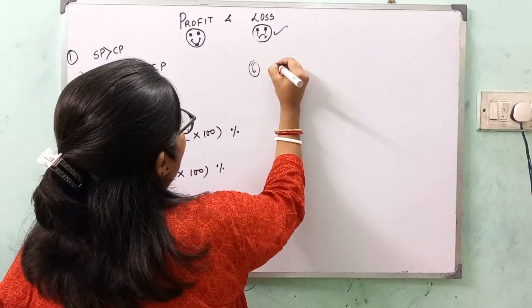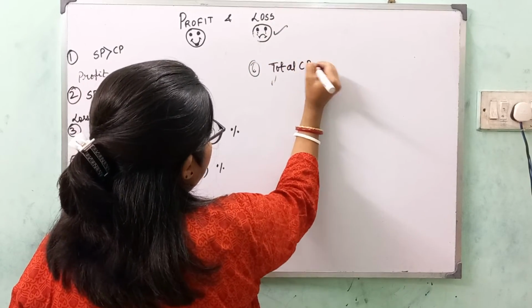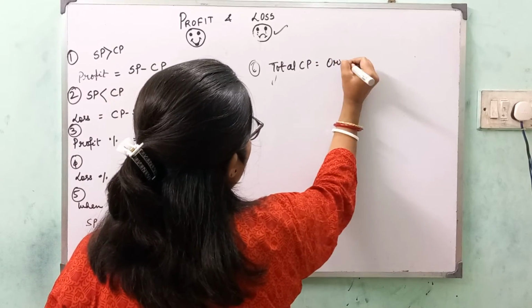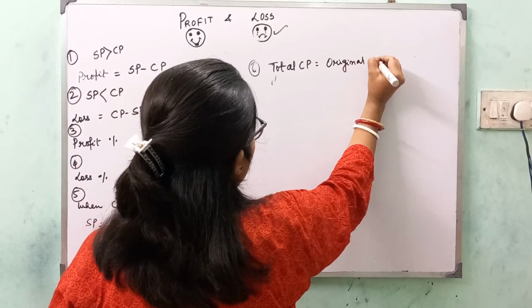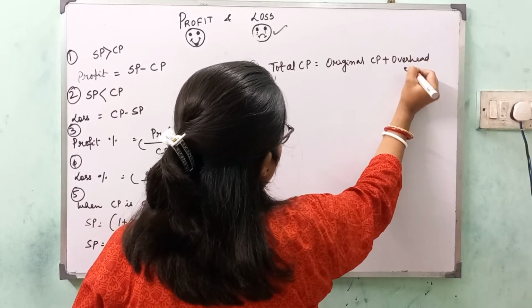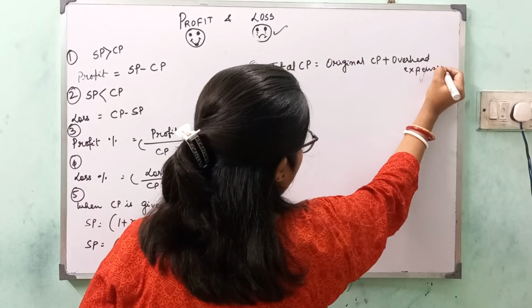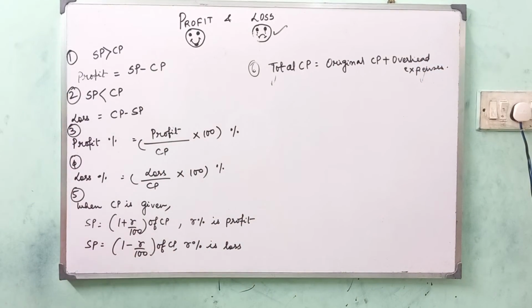Next, your total cost price will be original cost price plus the overhead expenses. Okay, and what are the overhead expenses?